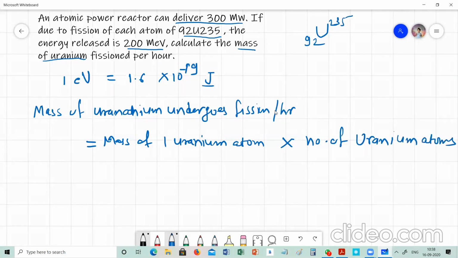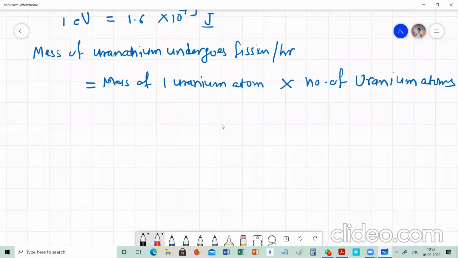The multiplication of these two things will give the mass of total uranium undergoing fission reaction. We have to calculate the mass of one uranium atom first, and then how many uranium atoms are going under fission reaction in an hour.